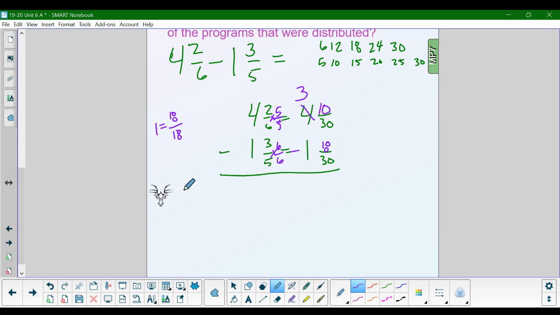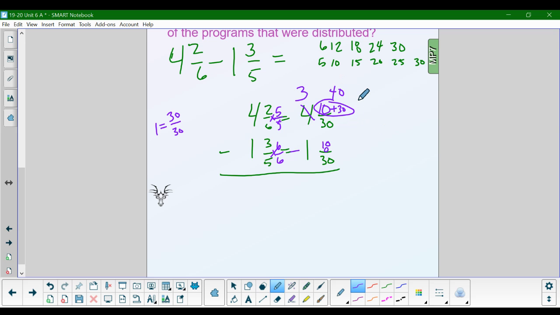It could be 18/18ths, but we have 30ths in this case. So 1 becomes 30 pieces. How many to make a whole? All 30. So I'm going to add those 30 pieces in here, and now I have a total of 40.